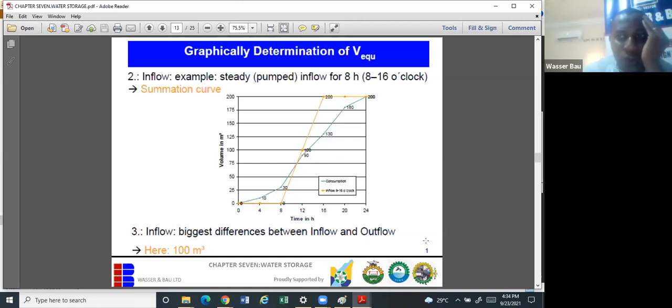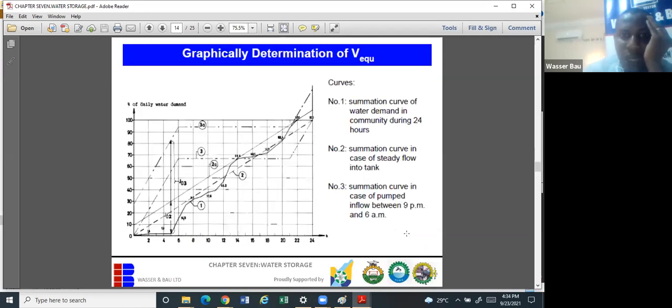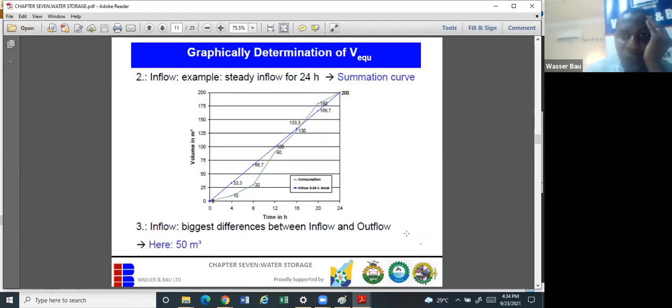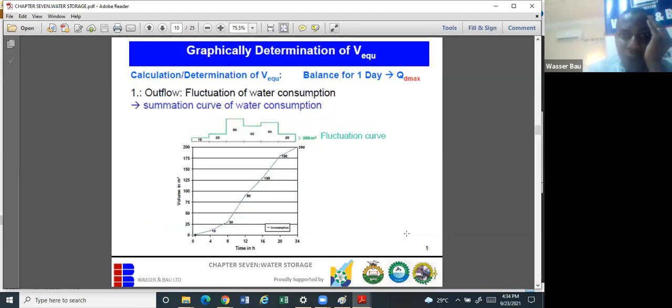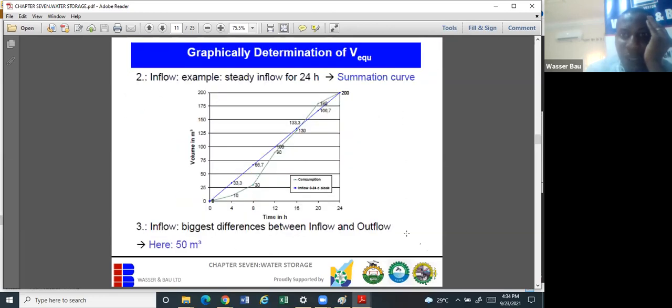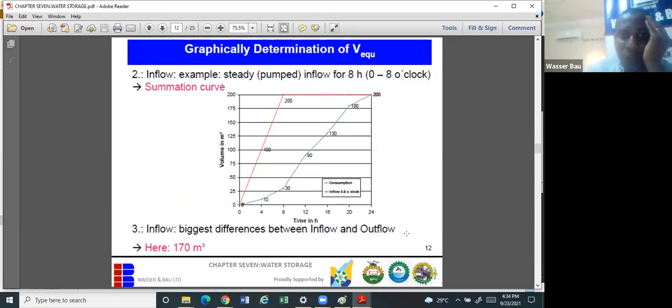If I go further, you see 16 hours pumping. Okay, this is 24 hours you saw, and this is 8 hours pumping. So you can see that the pump started at 0, let's say midnight, and at 8 hours it stopped, and consumption continues. So just like Engineer Sunday said, whether you pump for 4 hours or you pump for 24 hours is the same thing.